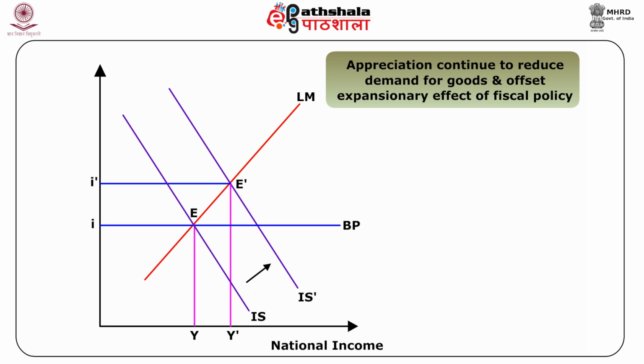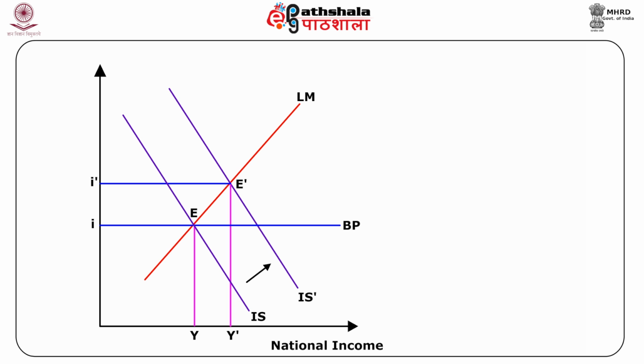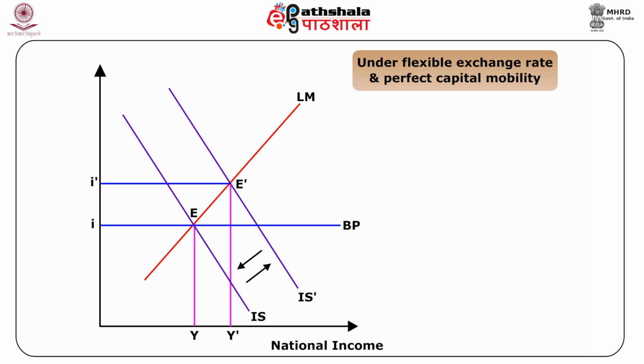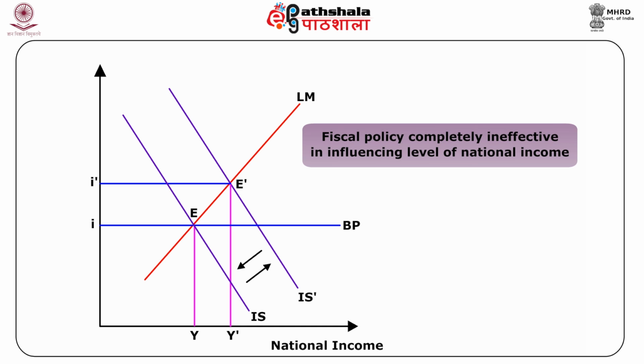Appreciation will continue to reduce the demand for goods and offset the expansionary effect of fiscal policy till the IS dash curve shifts back to the IS curve and the equilibrium is re-established at point E, where the interest rate and the income are back to the original levels. Thus, under flexible exchange rate and perfect capital mobility, fiscal policy is completely ineffective in influencing the level of national income.